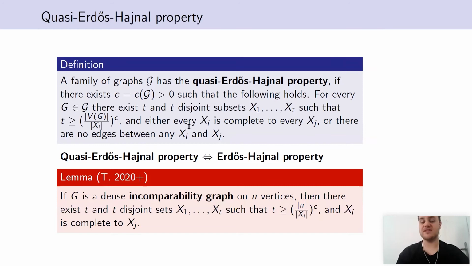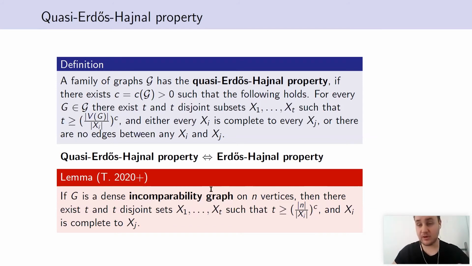So again, for a second we forget about string graphs and look at incomparability graphs. We can prove that for every dense incomparability graph, we can find this T, and we can find these T disjoint subsets whose sizes satisfy this condition of the definition, and also now we have that every xi is complete to every xj.